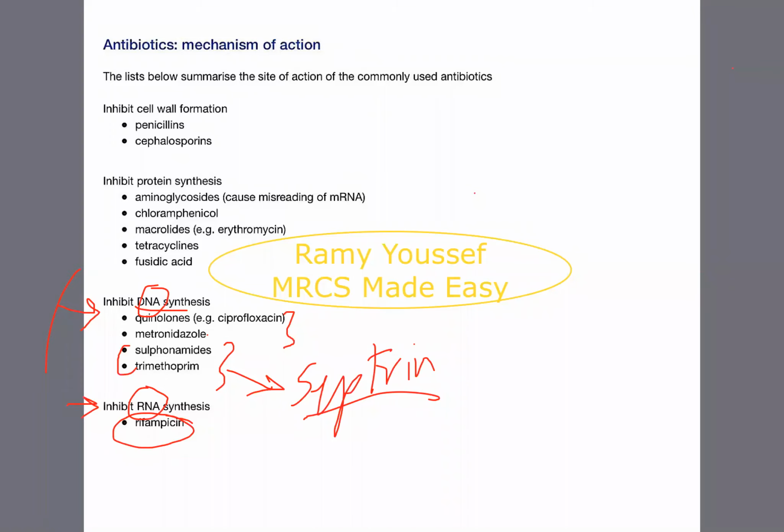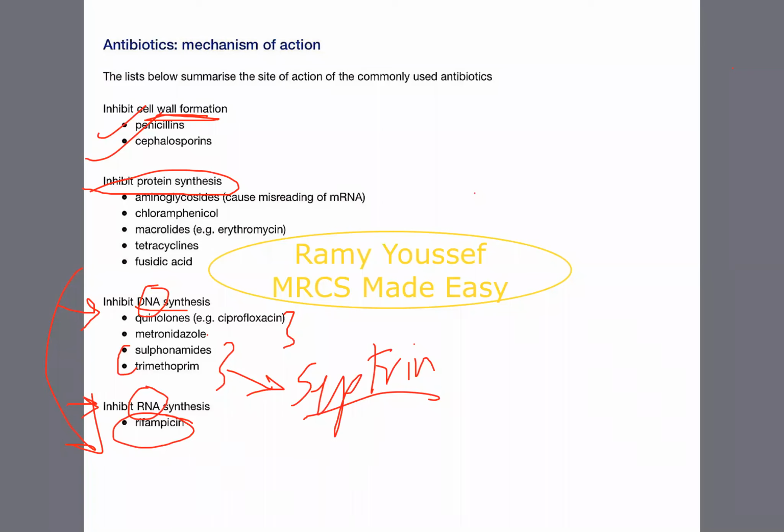Finished with that. Go for cell wall, which we know is penicillin and cephalosporin, the first two groups discovered. Cell wall is just penicillin and cephalosporins. Then protein synthesis: aminoglycosides, chloramphenicol, macrolides, tetracycline, and so on.